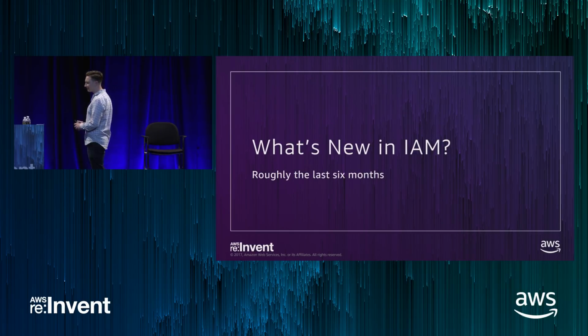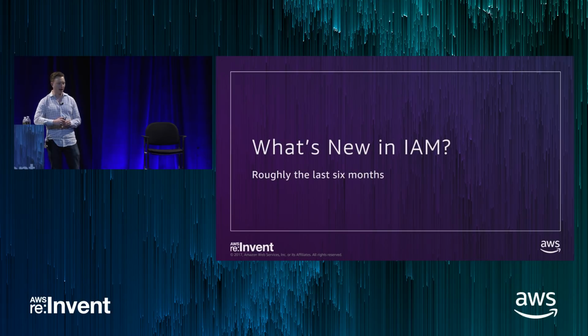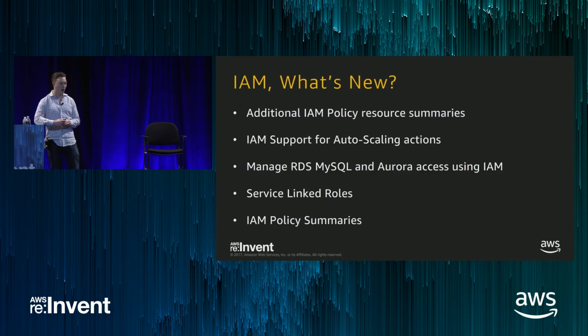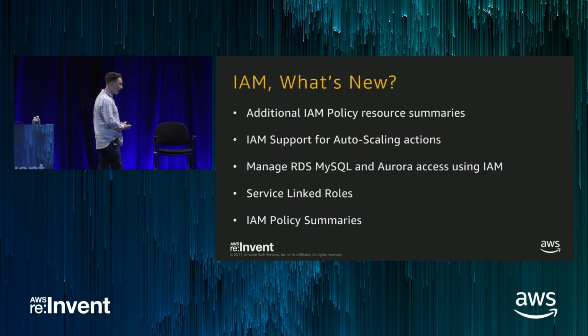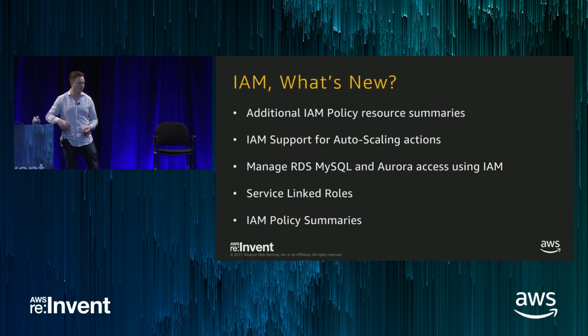So last but not least, we had a couple things in IAM that came out recently, and just wanted to throw up a slide so everyone can know what's new in IAM essentially. First and foremost, last week we released a new IAM console experience where you no longer have to edit raw JSON. There's a wizard to help you build those policies for the users.